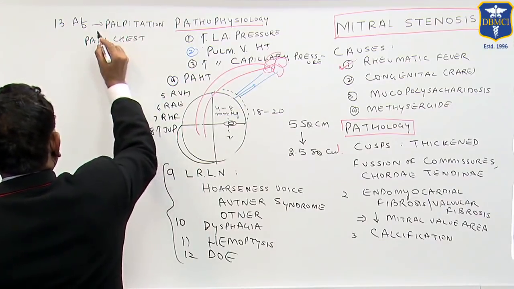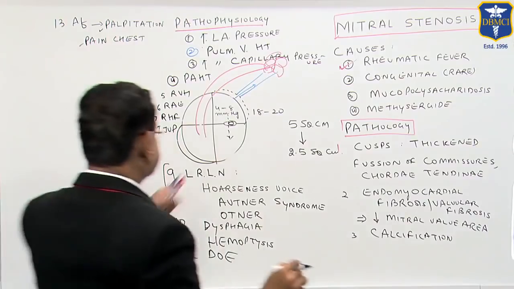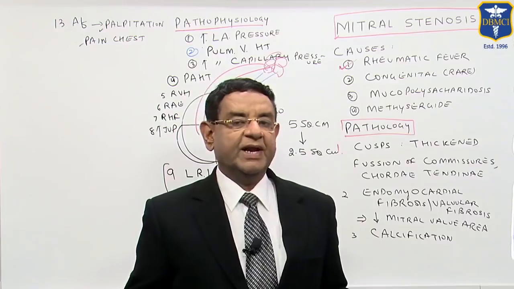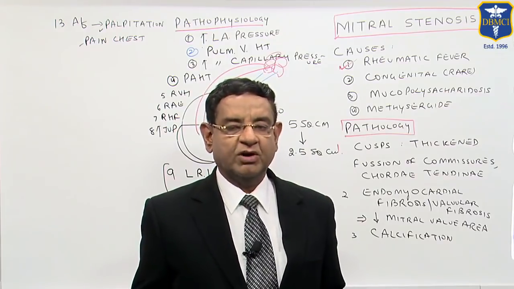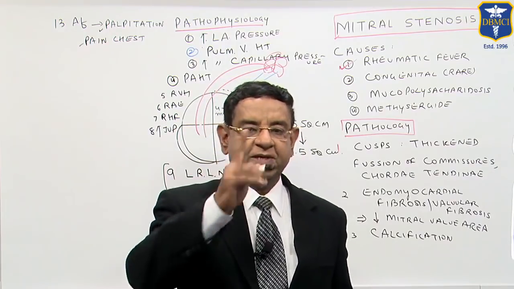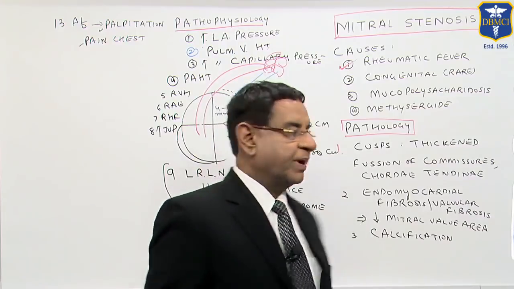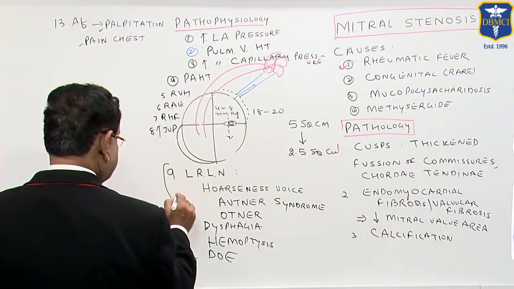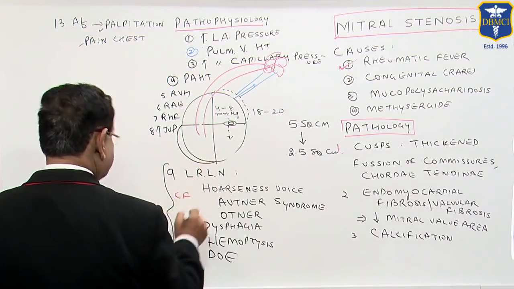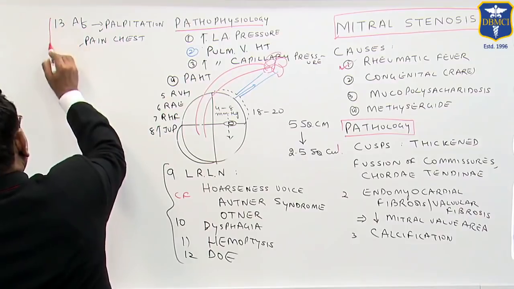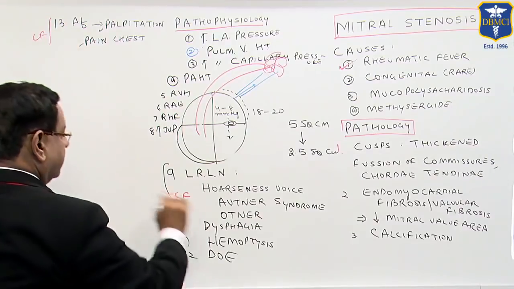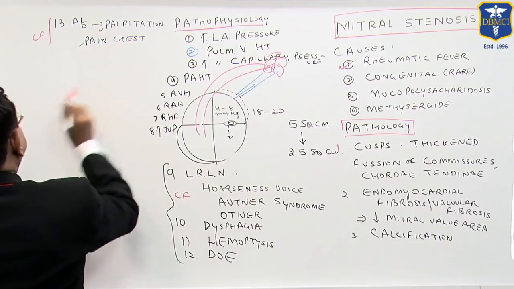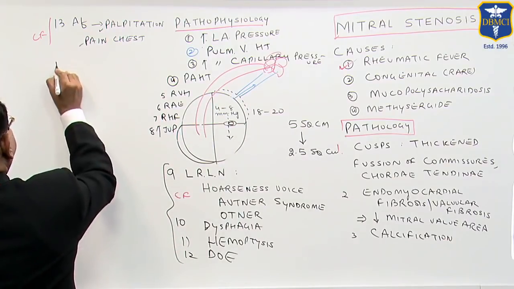So symptoms like palpitation and chest pain may occur in mitral stenosis, but they occur in very advanced or late stages of mitral stenosis, when the patient develops atrial fibrillation. So friends, you are clear about the clinical features which we have covered. Like this, we have additional clinical features: due to dyspnea on exertion or lung congestion, the patient may develop orthopnea.